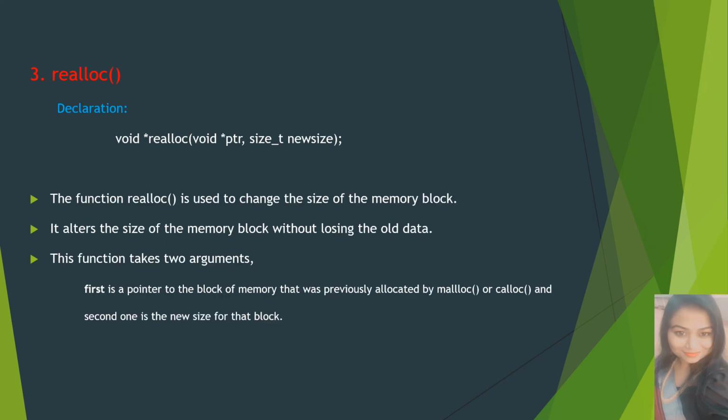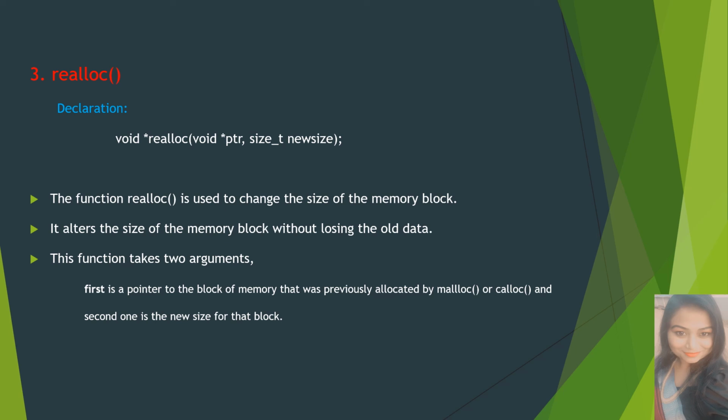Then the next function is realloc, reallocation. The realloc function is used for changing the size of a memory block. The declaration is void pointer realloc within brackets void star pointer and size, where the argument is new size. It alters the size of the memory block without losing the old data.